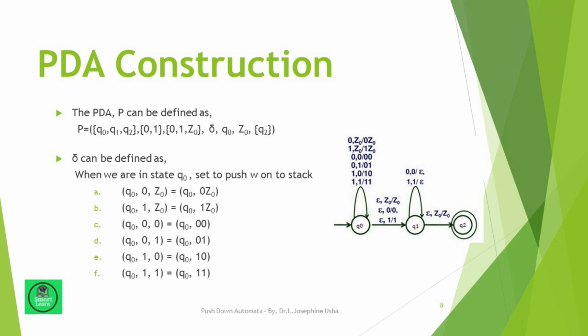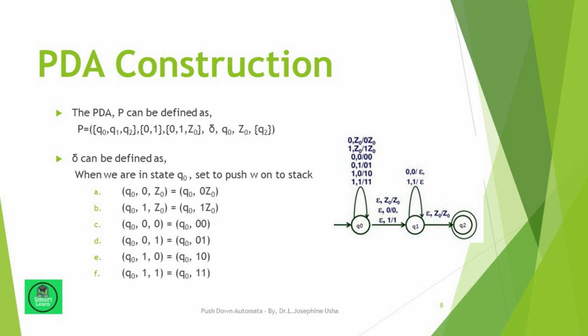We can receive either 0 or 1, so you just push that symbol into the stack. The first transition is delta(Q0, 0, Z0) = (Q0, 0Z0). The second one is delta(Q0, 1, Z0) = (Q0, 1Z0). In this case we inserted one symbol into the stack, either 0 or 1.